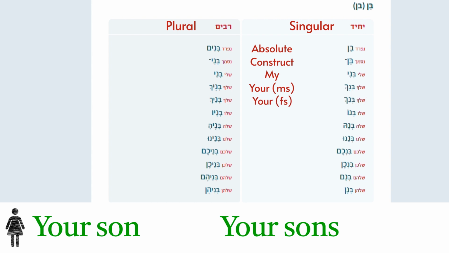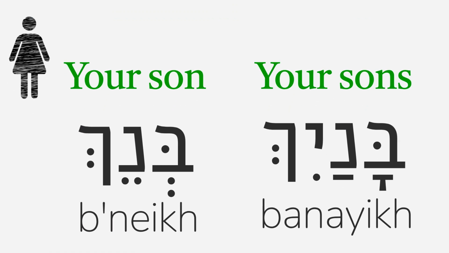Since we want to say your son and your sons, speaking to a woman, we want to see this shelach form. The singular form, your son, has ben with its vowel shortened to a schwa, and on that the suffix ech, which means your, feminine singular. Benech, your son. On the plural side, we also see the little word shelach, your feminine singular. And we can see that your sons is banaich. Your son singular, benech. Your sons, plural, banaich.